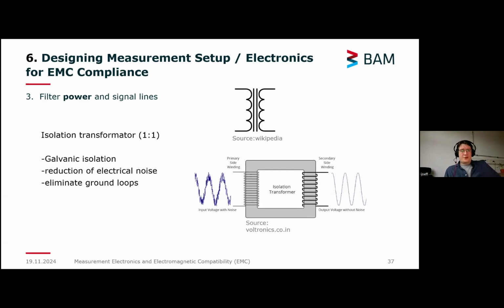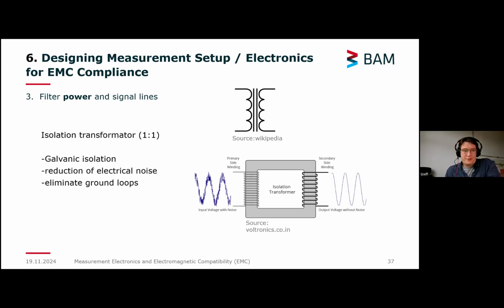The second method would be an isolation transformer, which is mostly a transformer which has the winding ratio of 1:1. So you input 230 volts and you get 230 volts on the other side. But it's isolating, it's a galvanic isolation.